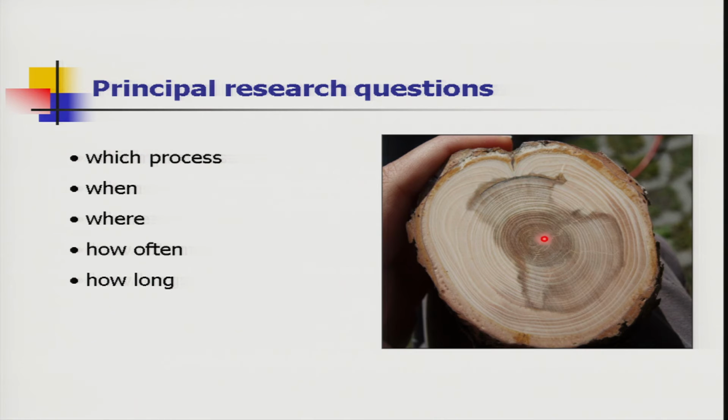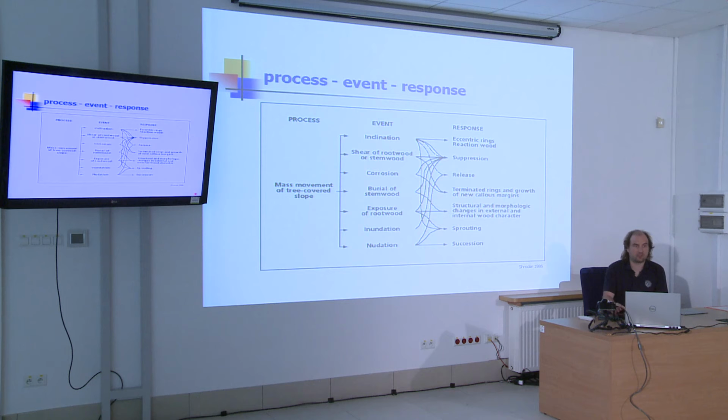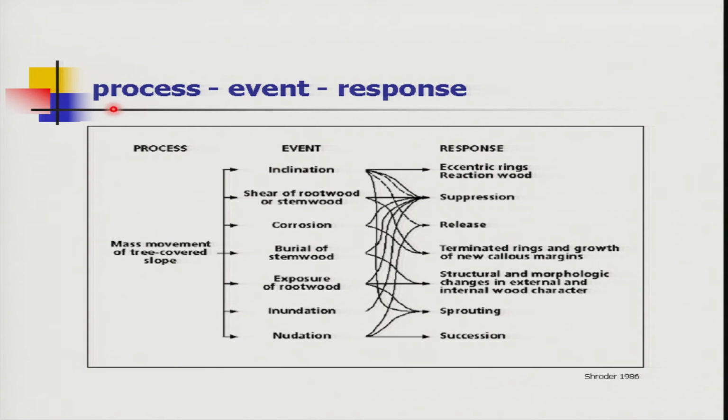As you can see, we have different colors, different structures here, different dimensions of the tree rings. All of these carry information about the environment and its impact on the plants. If we are talking about the influence of the environment, we very often use the concept of process-event-response.